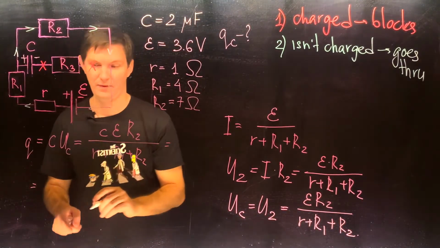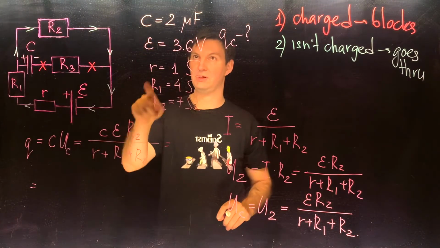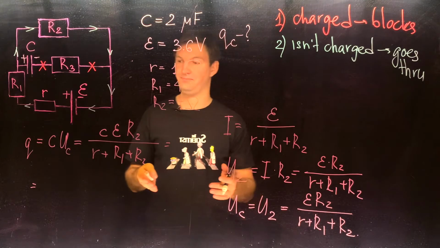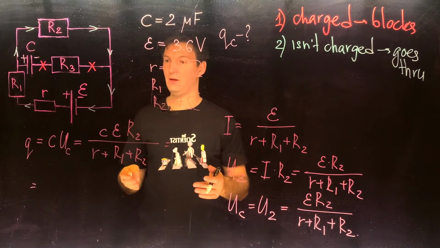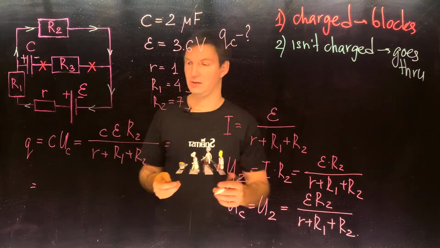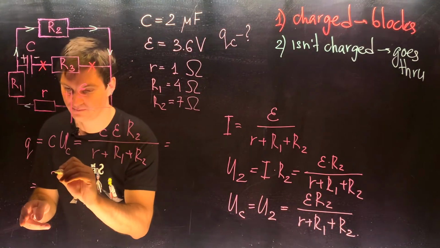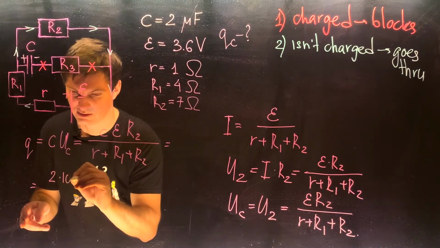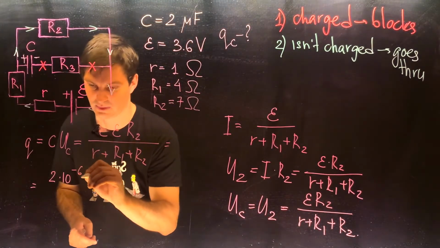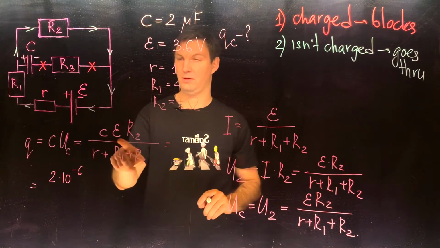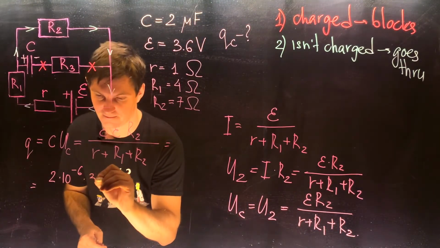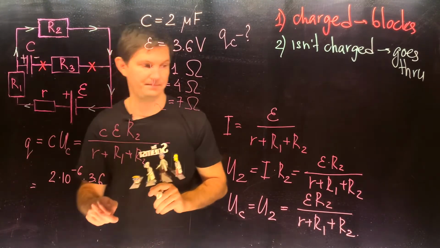We have that the capacitance is 2 microfarads. Micro means 10 raised to the power of minus 6. So it is 2 times 10 to the power of minus 6. Then E is 3.6 volts.